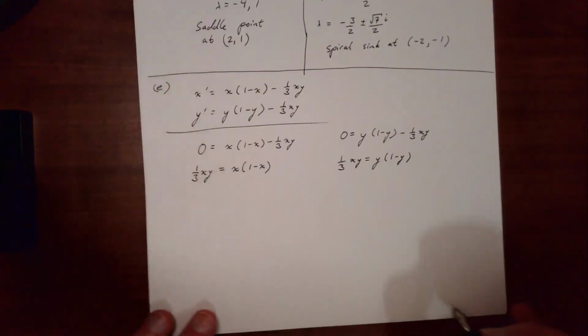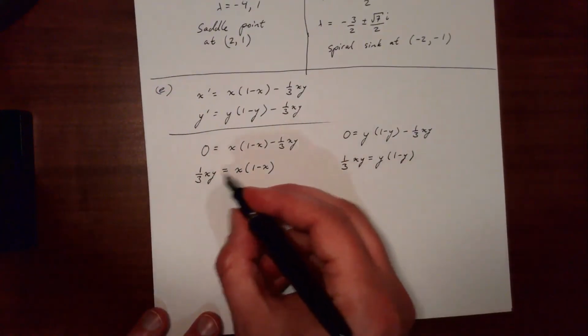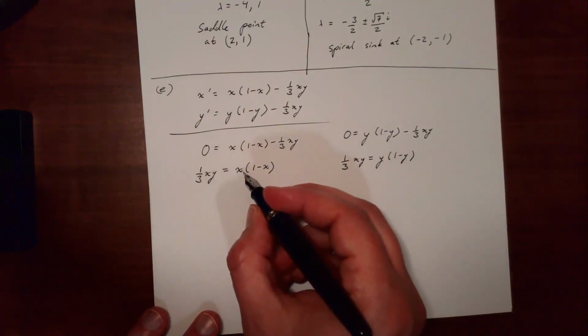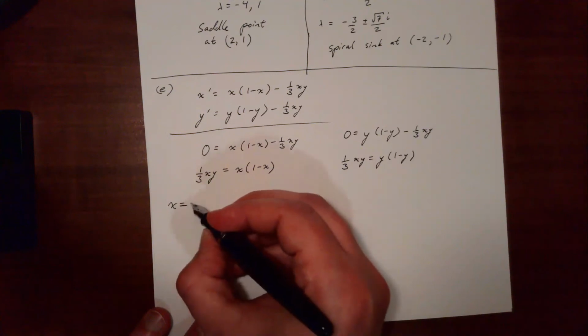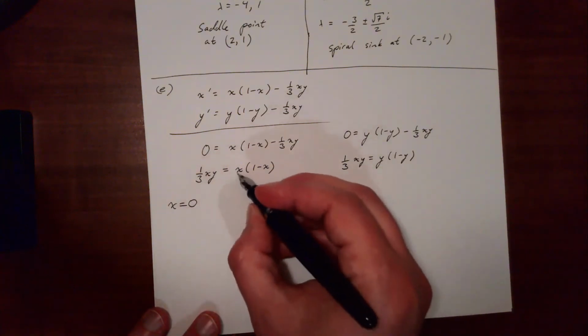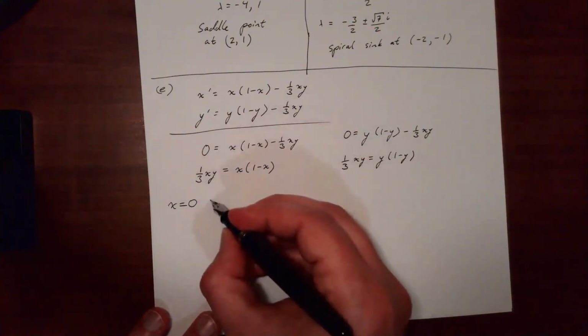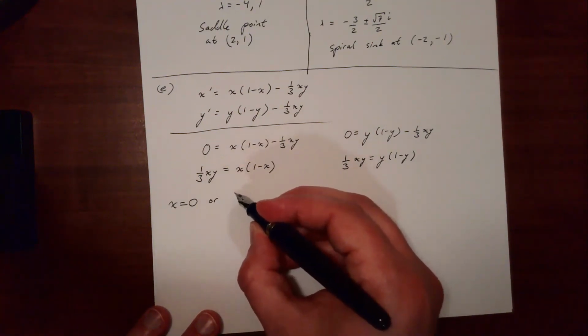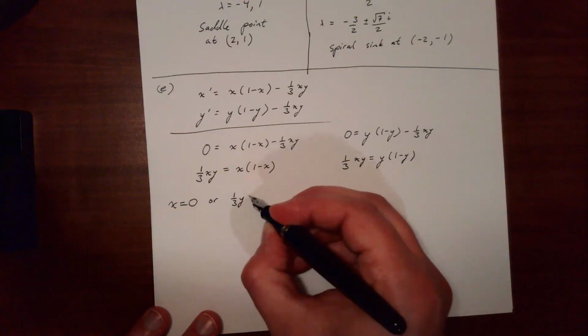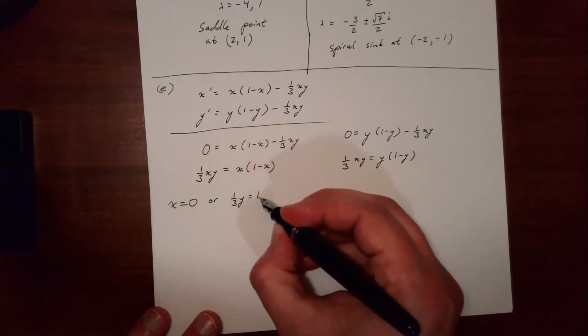All right, well, right here we can notice that if x is equal to 0, that would be a solution. And if it's not, then we can divide by it, and that'll take us to the case 1/3 y equals 1 minus x.